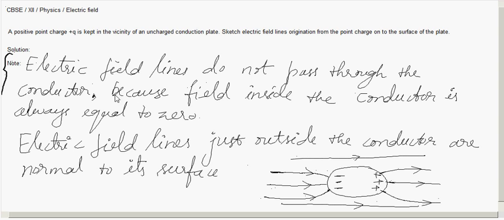Now we have an uncharged conduction plate, which is placed near a positive charge plus Q.